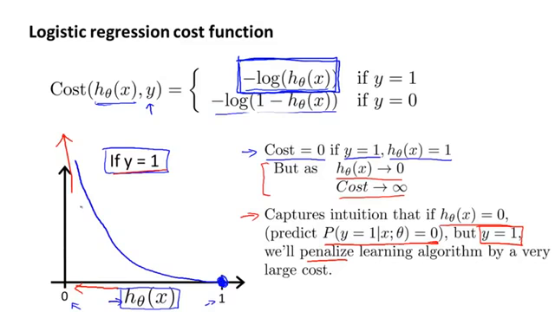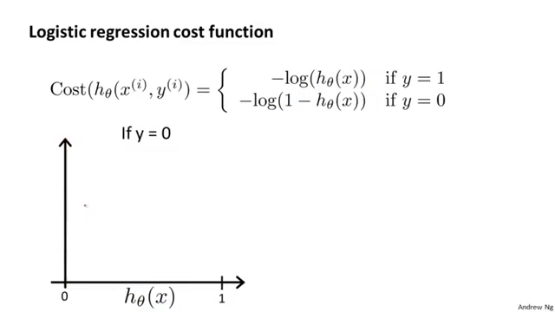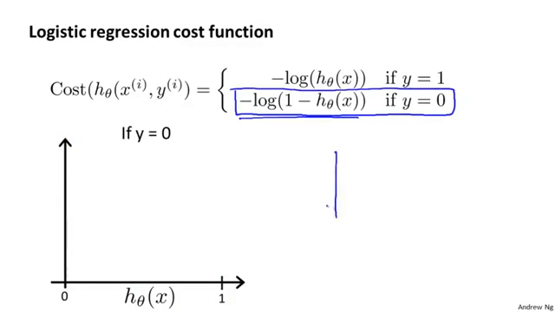Let's look at what the cost function looks like for y equals 0. If y is equal to 0, then the cost looks like this expression over here. And if you plot the function minus log 1 minus z, what you get is the cost function that looks like this. So it goes from 0 to 1, like that.